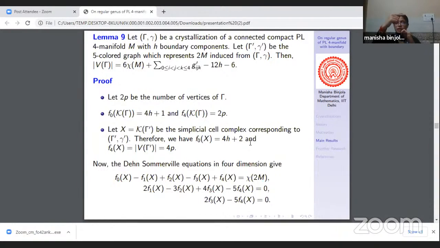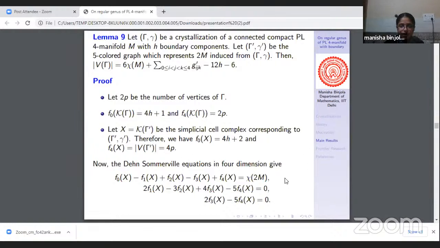So the boundary vertices from this copy are identified with the boundary vertices from the other copy. But we don't do anything with the interior vertices. So we have one more extra 4 colored vertex which comes from the second copy. So F0 of X equals 4H plus 2. And now F4 of X equals the number of vertices in gamma dash, which is nothing but, as we are taking 2 copies of gamma, 4P.